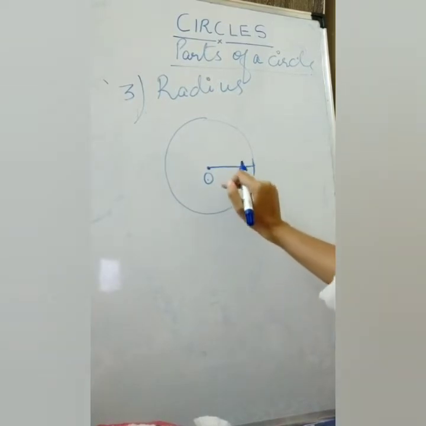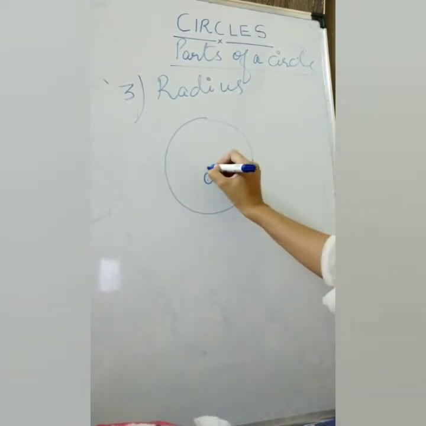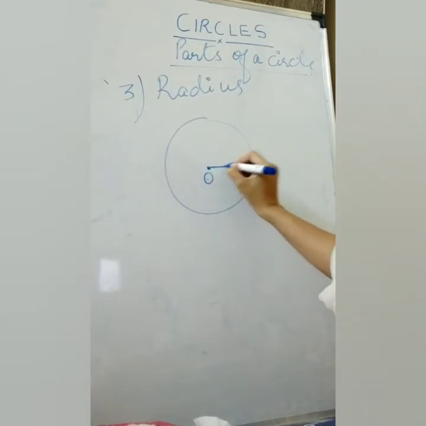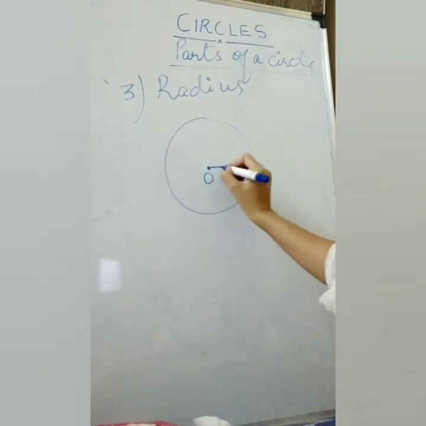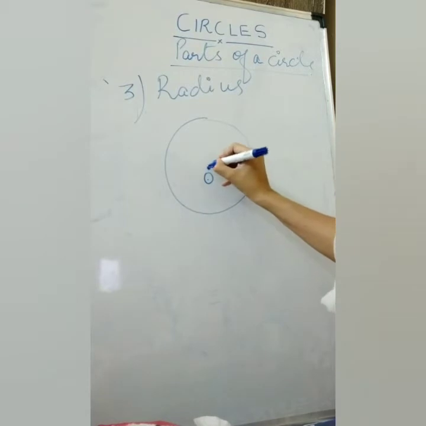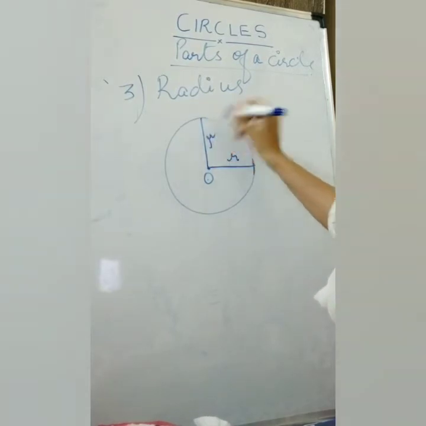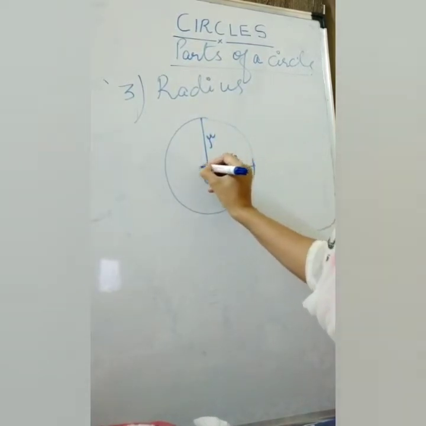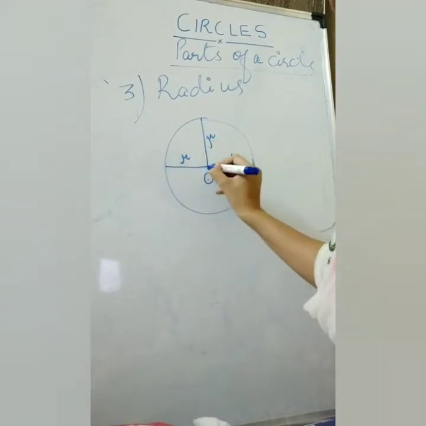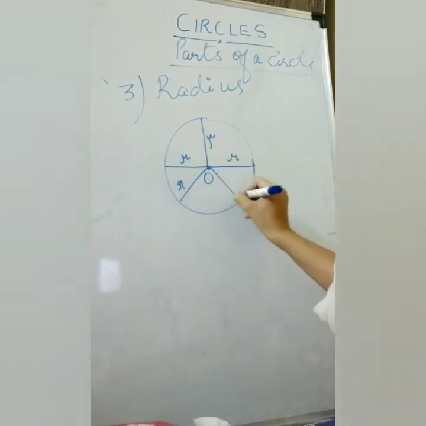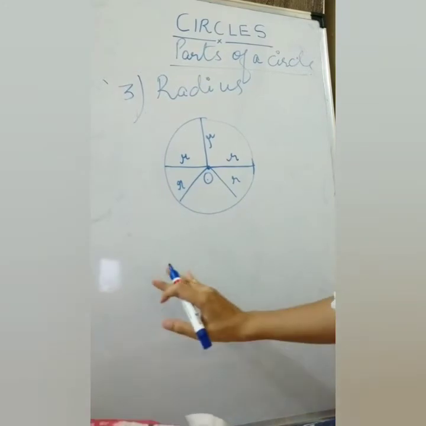Or we can say the distance between the center and any point on the circumference. So suppose this is the radius. From here, if you are moving here, this is also the radius. This is also the radius, like this.